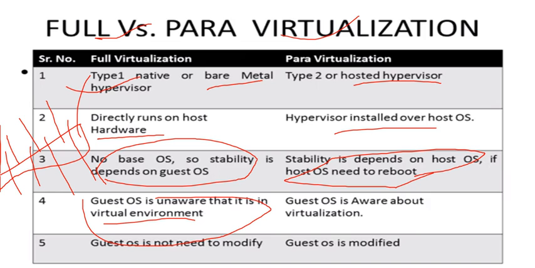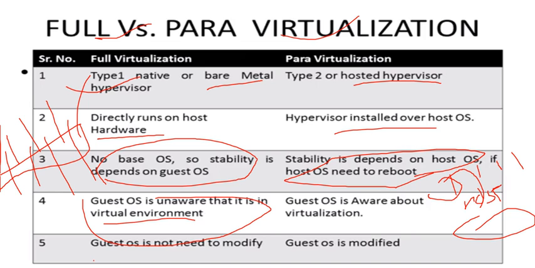But in para virtualization, the host OS is giving the services of the hardware to all the users. So in this case, every guest OS should understand and be aware that it is running in a virtualization environment.